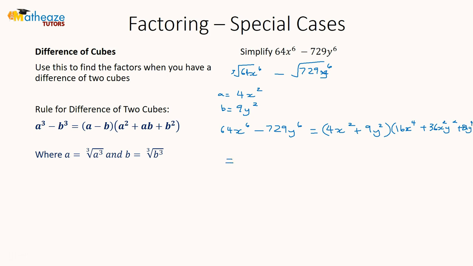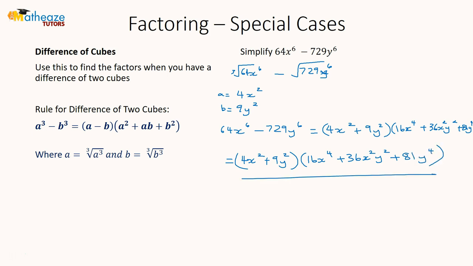So let's write that properly. It's 4x squared plus 9y squared. And then we have 16x to the 4th power plus 36x squared y squared plus 81y to the 4th power.